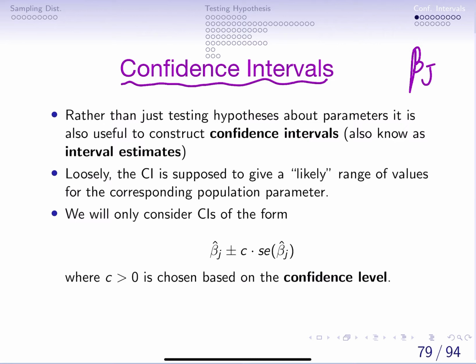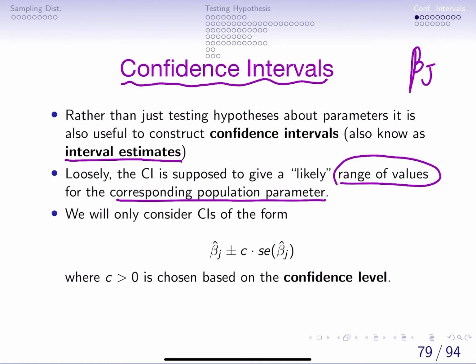These confidence intervals are also called interval estimates because they usually give us a range of values for the corresponding population parameter. Okay, so typically we would write out our confidence intervals. There's going to be an upper bound and a lower bound. So we're going to say beta hat j, whatever our estimate is, minus c times the standard error of beta hat j.